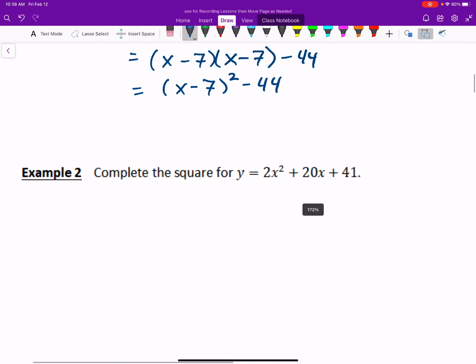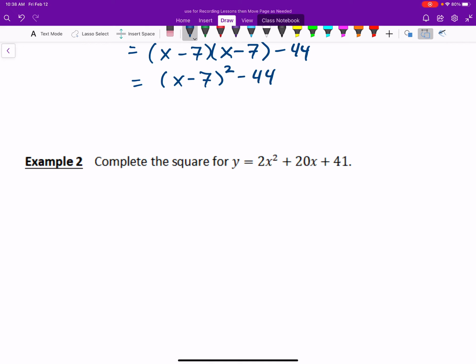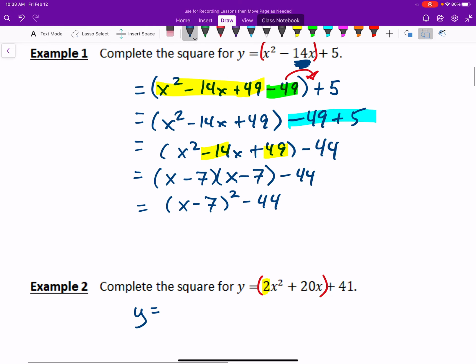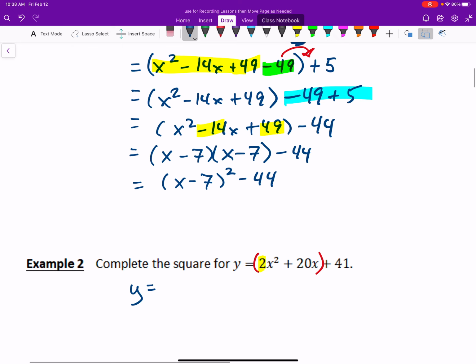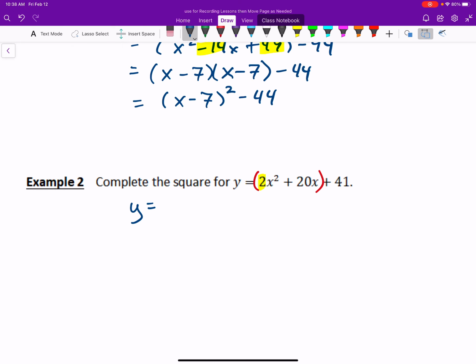So if we have what we call an a value in front of the x squared, that has to be dealt with. So the first step, I'm still going to start by putting brackets around the first two terms, but rather than doing what I did above where I just took this half and squared it, I need to common factor out that a value.